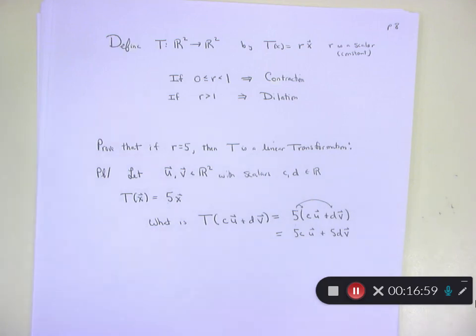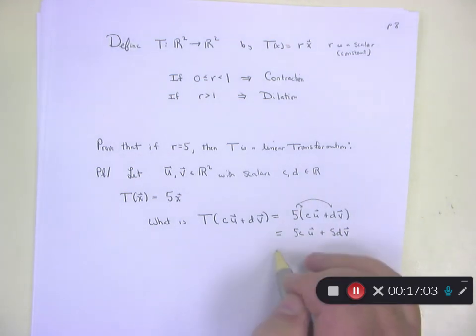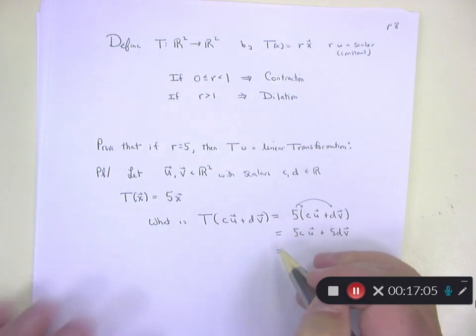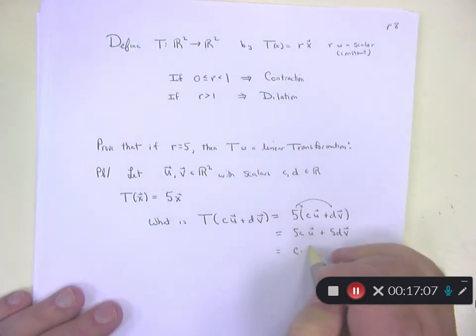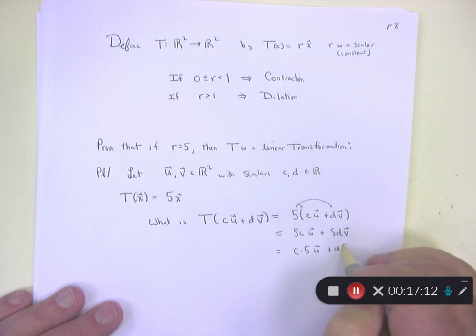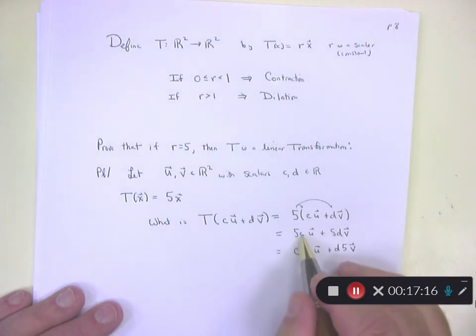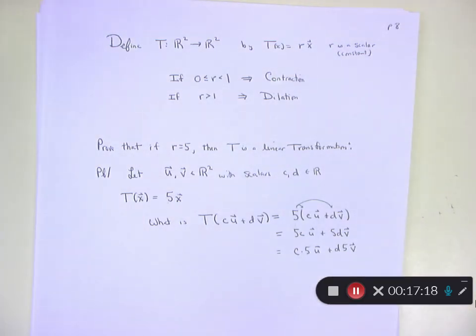Matrices is a different story, but these guys are scalars. So I can rewrite that as c times 5 times vector u plus d times 5 times vector v, because 5 and c are scalars, and scalar a times scalar b is the same thing as scalar b times scalar a. Order doesn't matter.